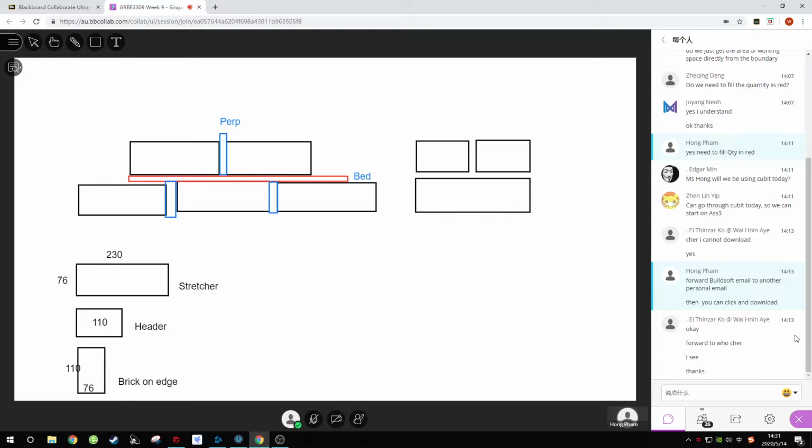This is a cross section of the wall. Of course, it will look something like this.